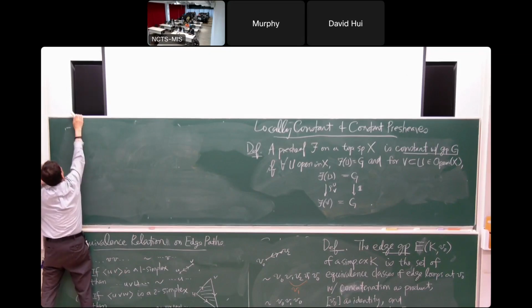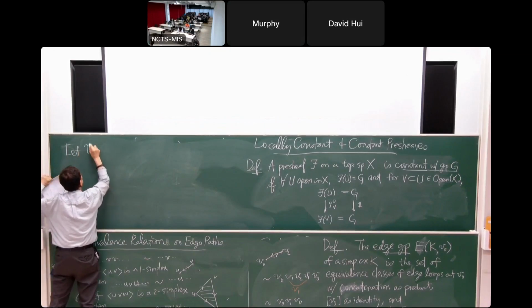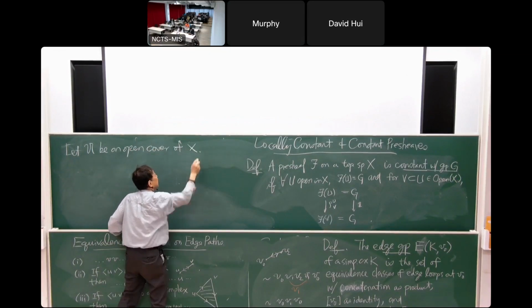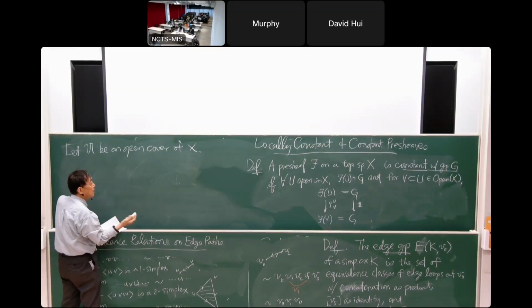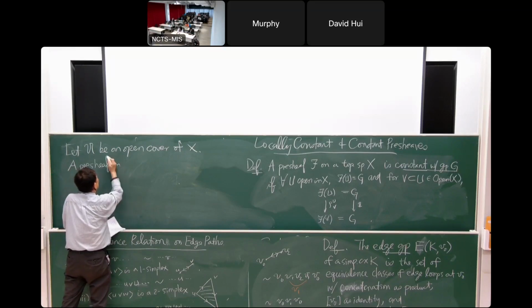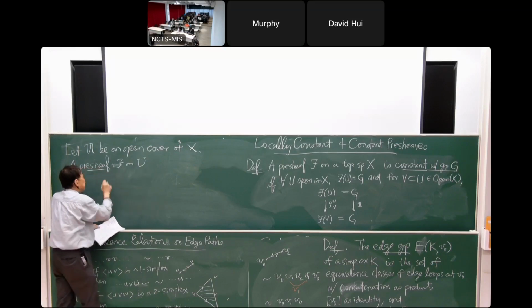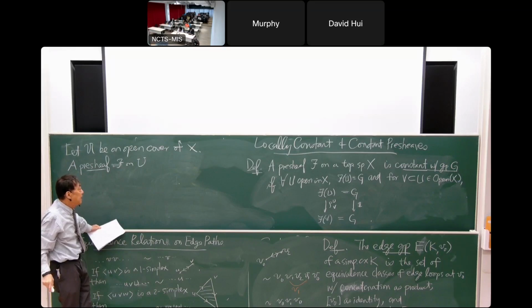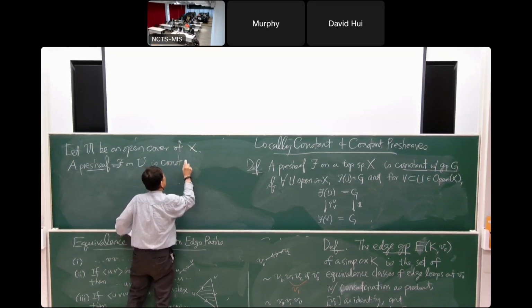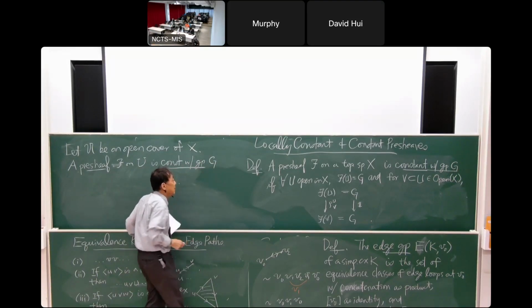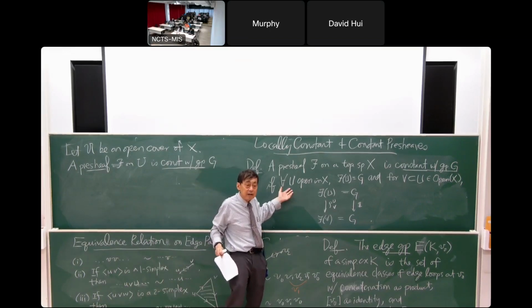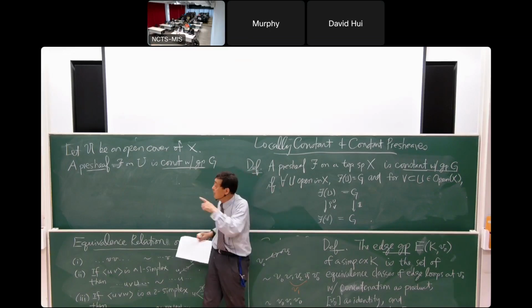Now let U be an open cover of X. So a presheaf F on U is constant with group G. So it's given by the same definition, except now the open sets are finite intersections of the open sets in the open cover.